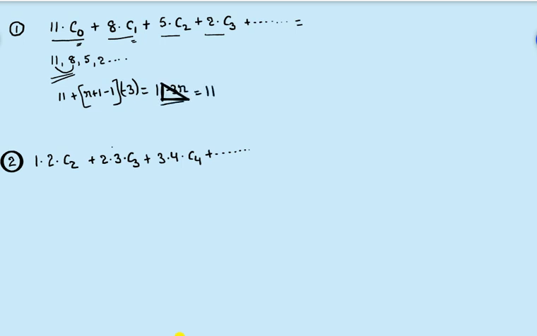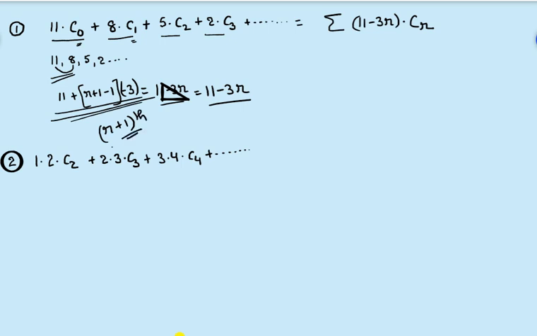So this particular problem we can write as summation of 11 minus 3r into Cr, because here there is no need to find the rth term. We have to find the r plus 1th term, yes or no? The reason is this is the first term, this is the second term, this is the third term. So we are writing Cr means this is the r plus 1th term, right?